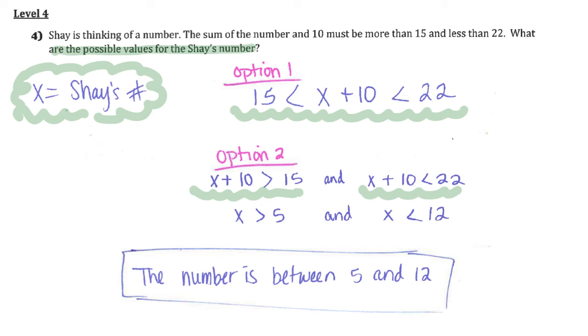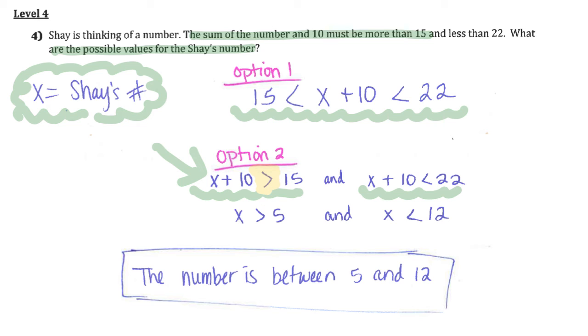So if I go through, it says Shay's thinking of a number, and the sum of the number and 10 must be more than 15. So that shows that's this first part. The sum means adding, so x and 10, and it has to be more than. So notice we use this greater than sign, greater than 15.